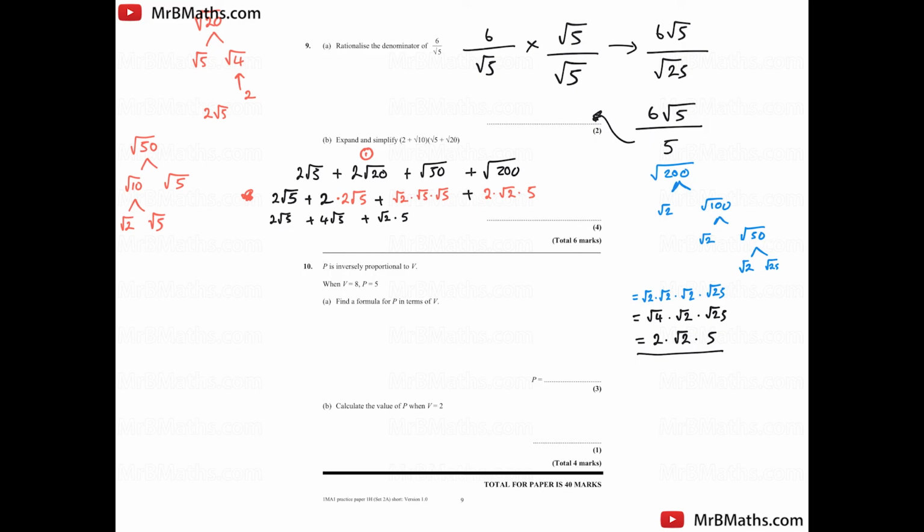Okay, so I've just simplified that down there. Then I've got plus 2 times root 2 times 5, so I can do the 2 times the 5, which will give me 10 root 2.